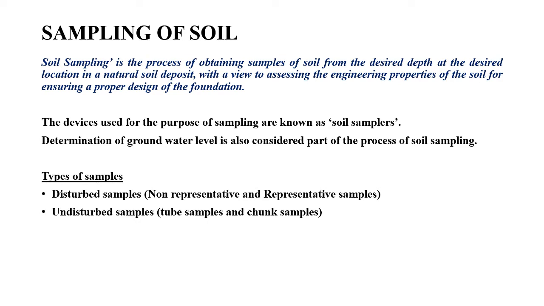Basically, how we obtain these chunk samples is that at the bottom of the pit, if cohesion is present in the soil, you can simply collect the soil sample and then drive an open-ended cylinder. You should use a cylinder whose both ends are open. Then drive that open-ended cylinder into the chunk of soil sample collected at the bottom of the pit.